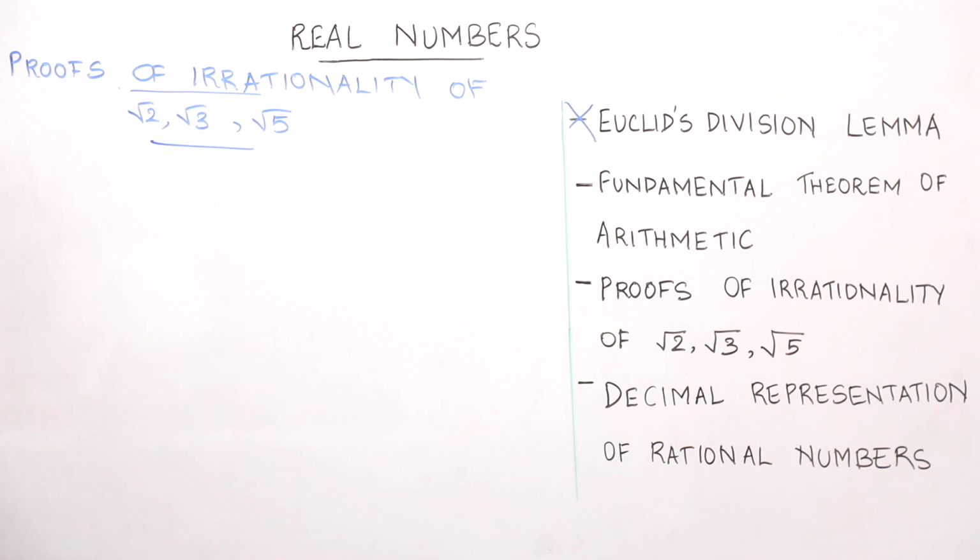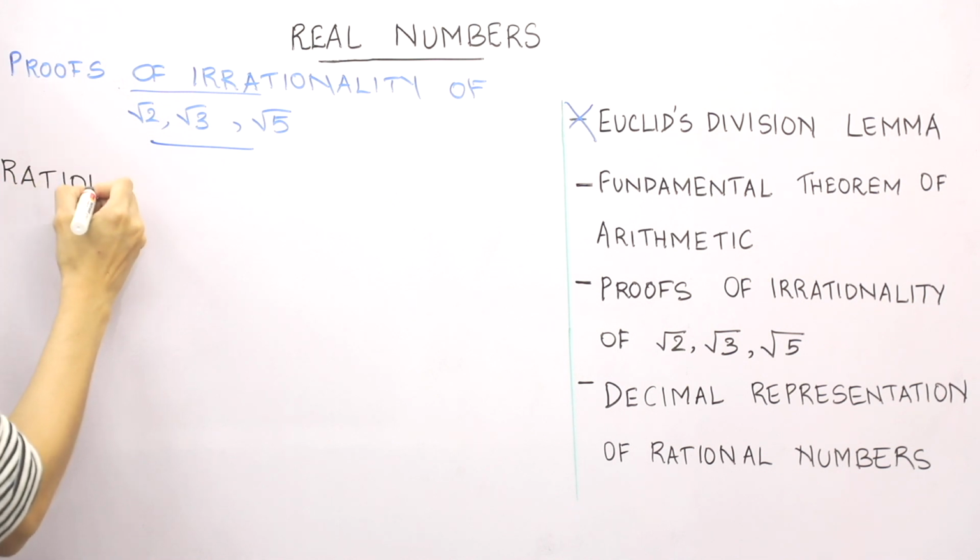Before going into the topic, let's first understand what is irrationality, what are rational and irrational numbers, and why root 2, root 3 and root 5 are irrational numbers. So first, let's understand what are rational numbers.